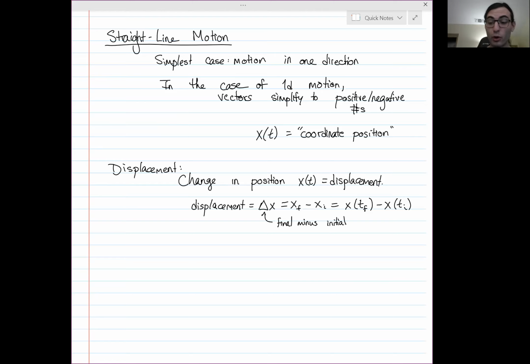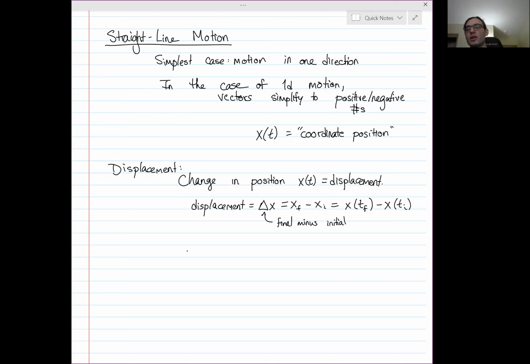There's an important note that I want to make: if xf, the final position on the x-axis, is smaller, i.e. further to the left on the x-axis, than xi, then the displacement is a negative number. What that negative number means is that the final position is, say, 3 meters to the left of the initial position.